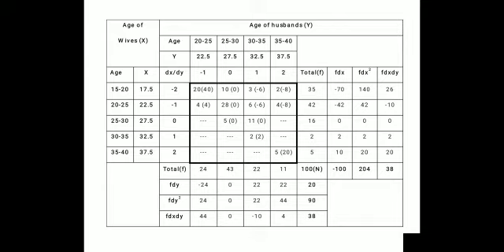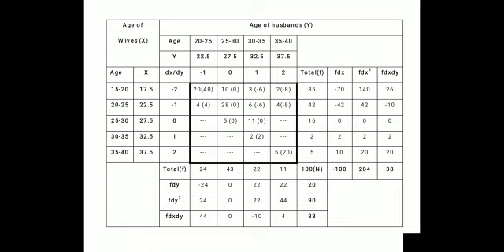And the total sigma f dx dy will be 38. When we consider the same calculation in the vertical column, that is 44, 0, minus 10 and 4 here. If we total the f dx dy in the horizontal manner or the vertical manner, the total value of f dx dy will always be the same for x values and also y values. So here the f dx dy of both x and y is 38.